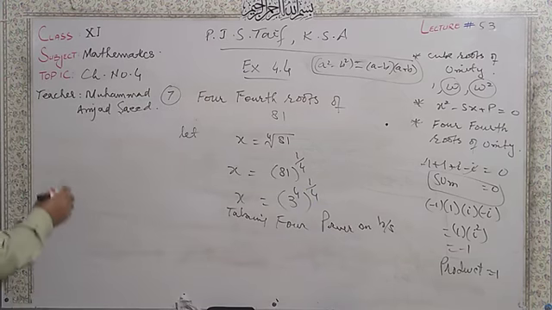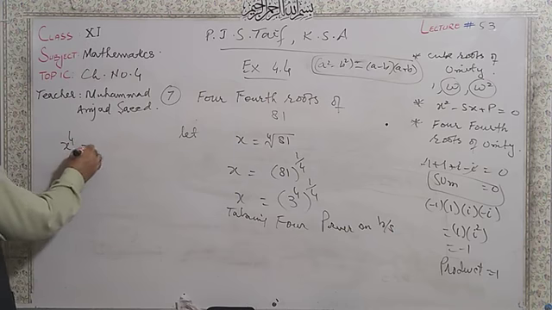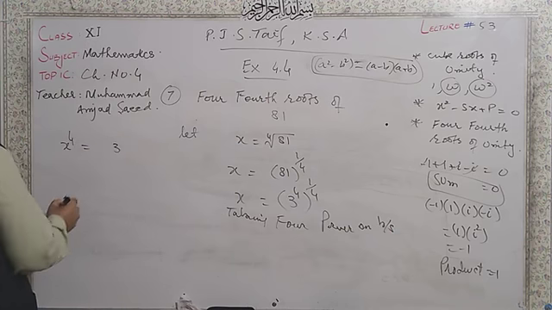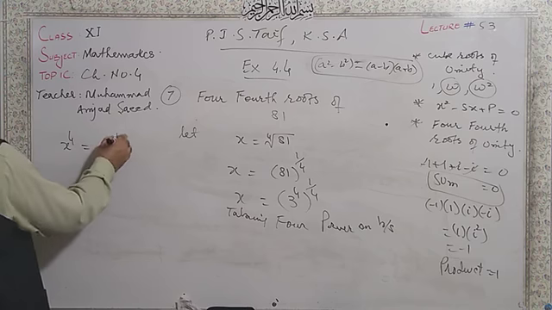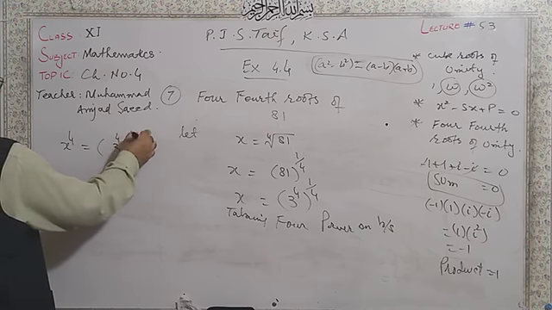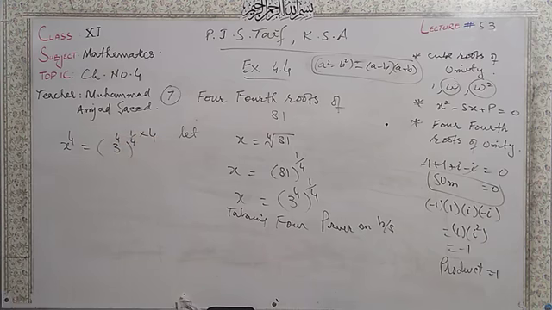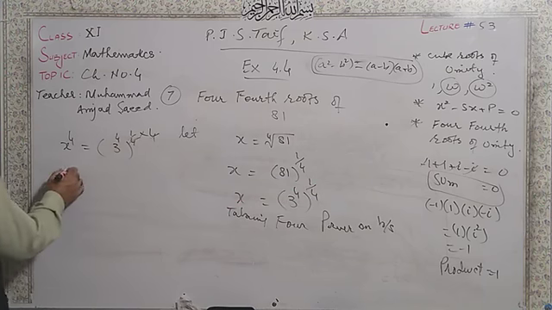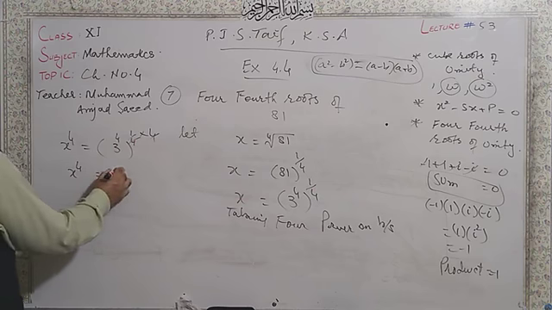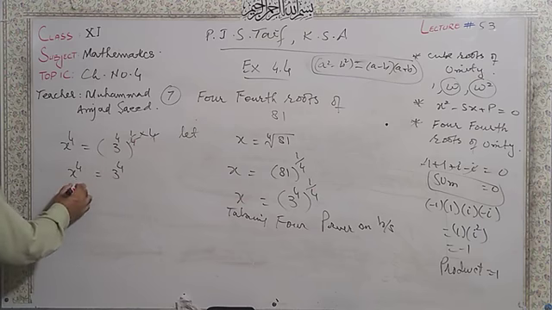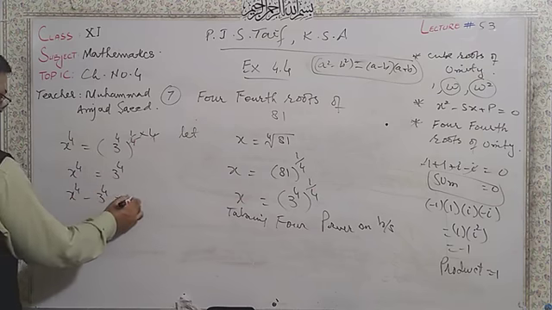Taking fourth power on both sides, x^4 is equal to 3^4, (1/4) and 4. Here is power 4, here is power 4. Both are multiplied, powers are cancelled out. We are left with x^4 is equal to 3^4, and x^4 minus 3^4 is equal to 0.